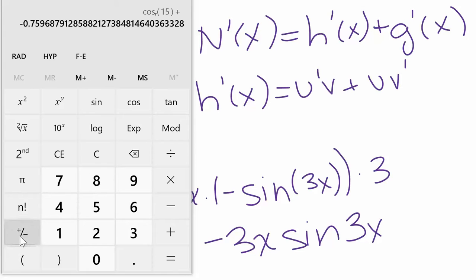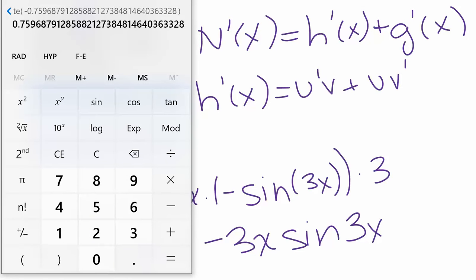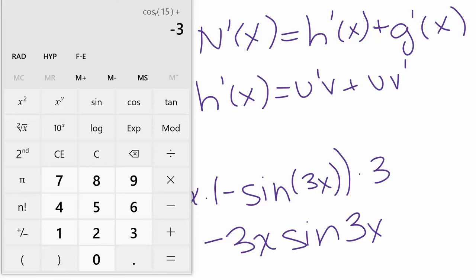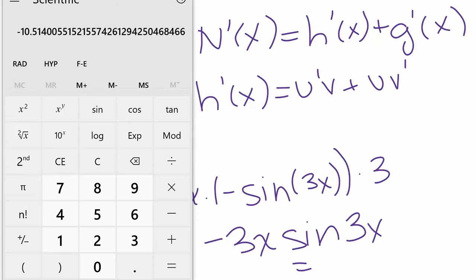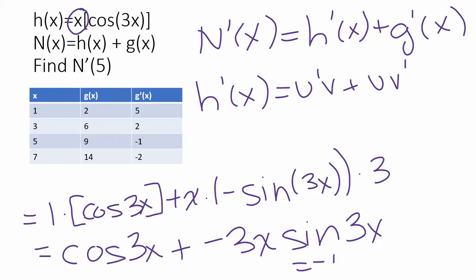So plus negative 3 times x, which was 5, times sine of 3x, that's sine of 15. So again, on my calculator, I need to go 15 sine, equals negative 10.514.